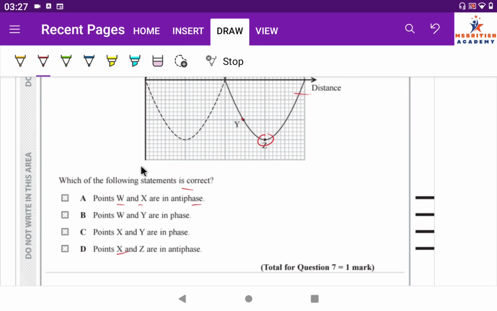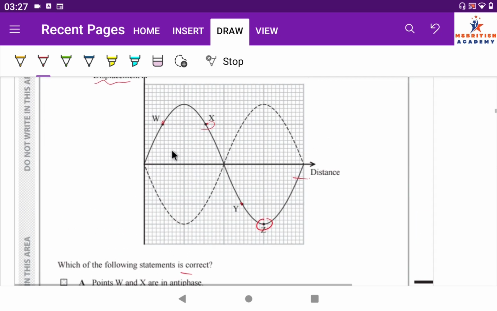So see, in case of W and X, this particle wants to come down, and this particle also wants to come down.